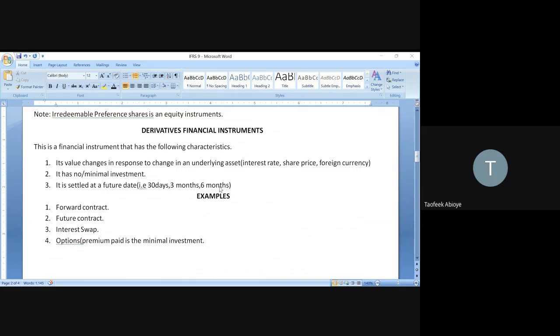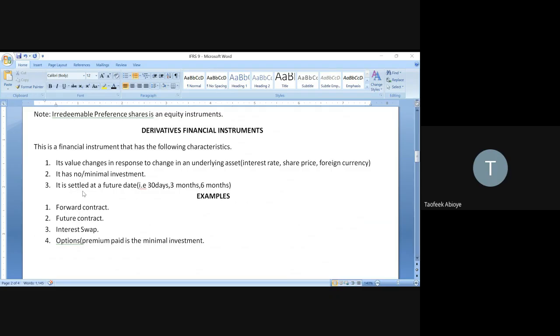So I will enter into a contract with you. Please, I want to buy $2,000 next week at 1,005. How much should I bring for us to enter into that contract? That person now charges you 500,000. So that 500,000 is called a premium, or a minimal investment.